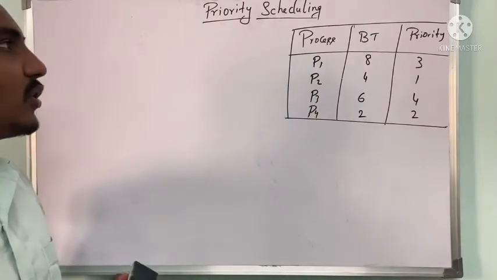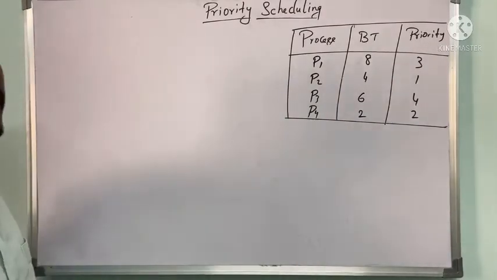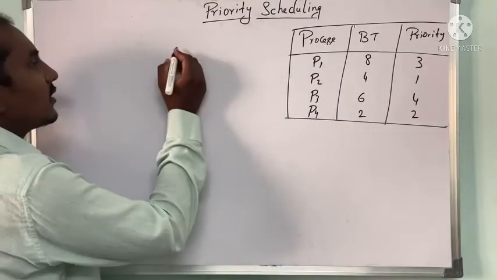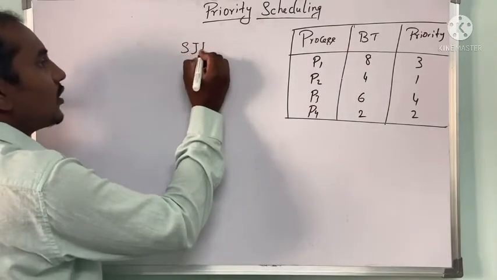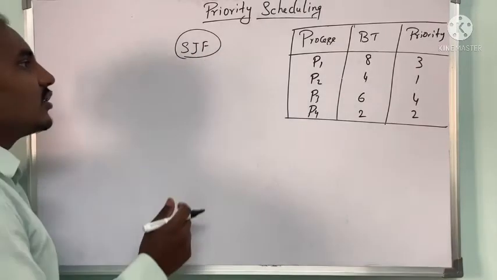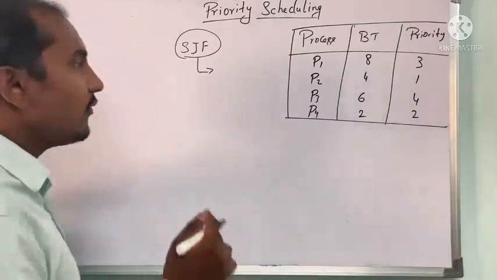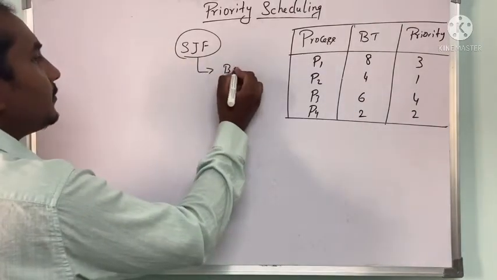In priority scheduling, we need to discuss one more thing, like what we discussed previously with shortest job first. The shortest job first scheduling algorithm has an additional function of identifying the burst time.